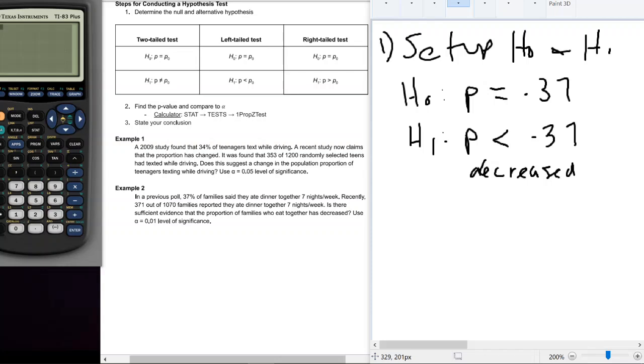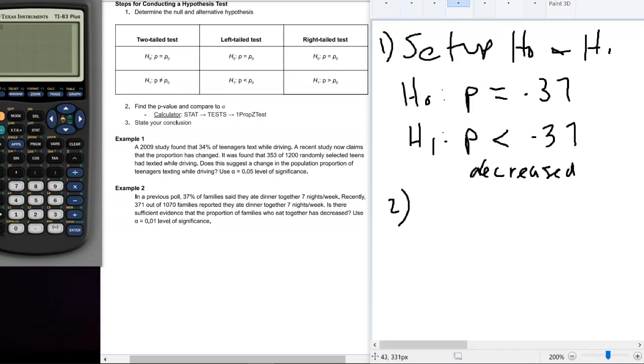Similar to the previous video, the null hypothesis is what we believe is outdated: that the proportion of families who eat together is equal to 37%. A researcher came in and believes that proportion has decreased. So we're going to see if we have enough evidence to back up that claim.